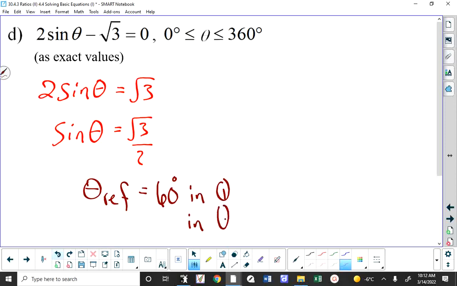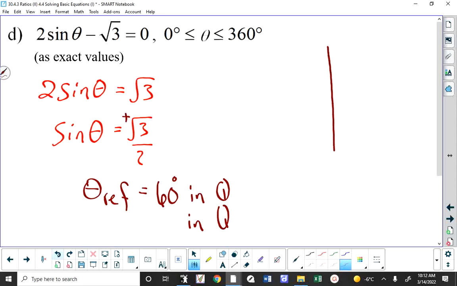In which two quadrants? Well, sine of theta is positive. Sine of theta is related directly to y, and y is positive in quadrant 1 and quadrant 2, which is what I drew to begin with. So those of you with good knowledge of the unit circle can get these answers really easily. You can just say it's pi over 3 and 2 pi over 3, or 60 degrees and 120 degrees.